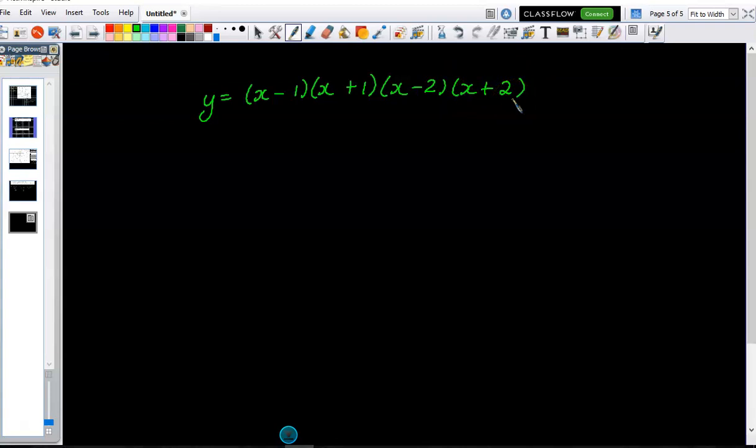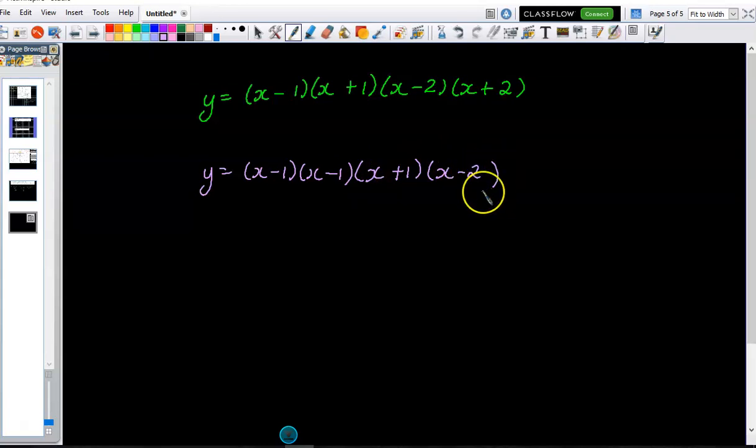That's one form. Would you agree? I would say to you that that is different to y equals x take 1 times x take 1 times x plus 1 times x take 2.